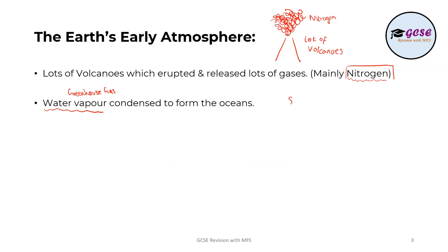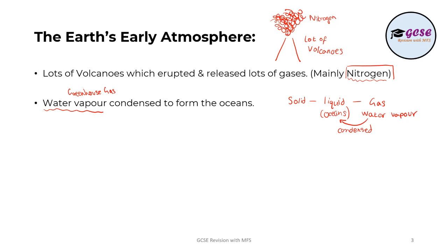Remember, you have solid, liquid, and gas. We had water vapor, which is a gas. It condensed to form a liquid, and these are the oceans that we find in the modern atmosphere.